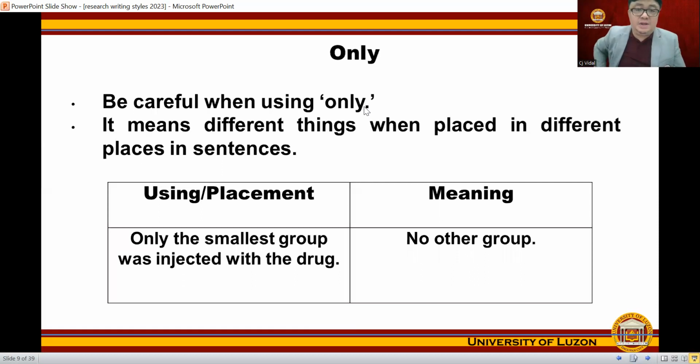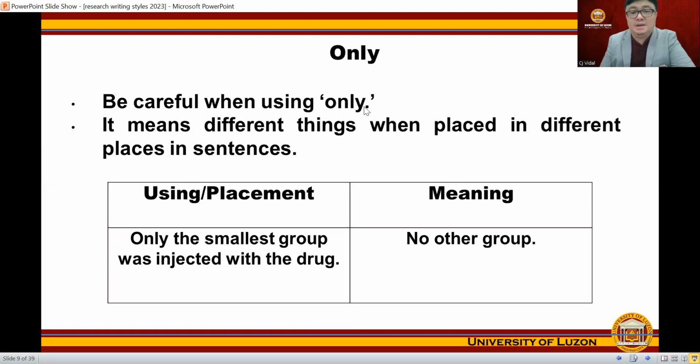Then we continue with use of only. Be careful when using the word only. It means different things when placed in different places in sentences. For example, only the smallest group was injected with the drug.